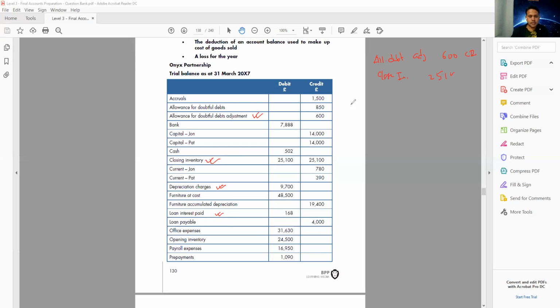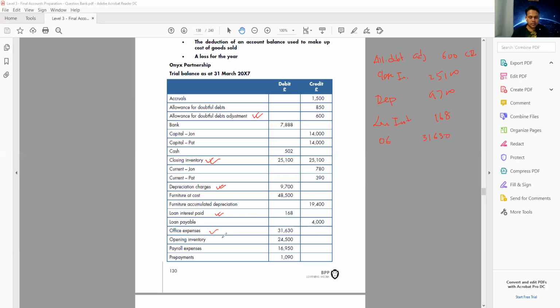So we said closing inventory 25,100. Then you have depreciation, that is 9,700. Then we have loan interest paid 168. Then you have a loan payable, that's a liability. Office expense. Office expense is expense, isn't it? So this is going, office expense 31,630.